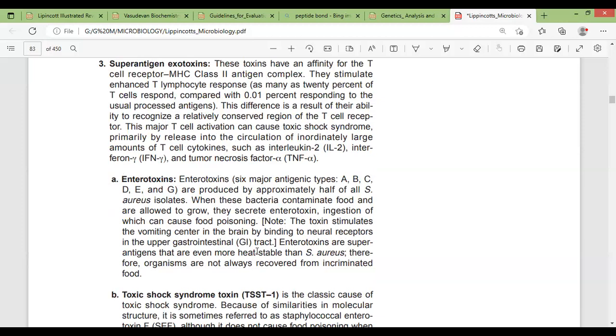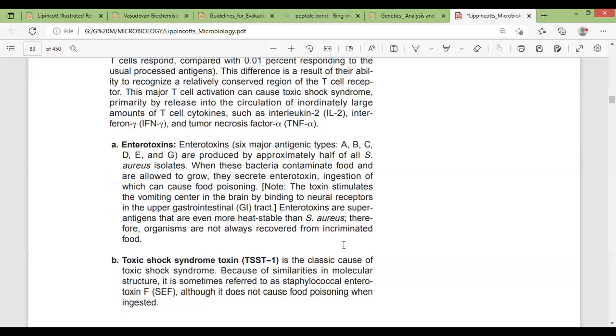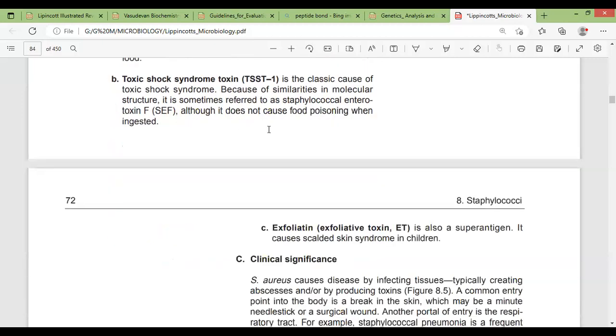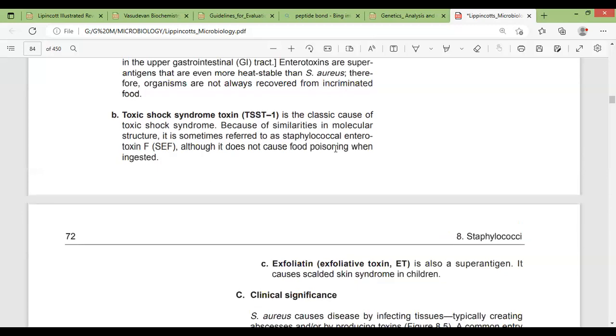Enteroingestion, it does have enterotoxins, and they are the ones implicated when your food poisoning is associated with Staph aureus, this toxic shock syndrome toxin 1, yeah, all of this.